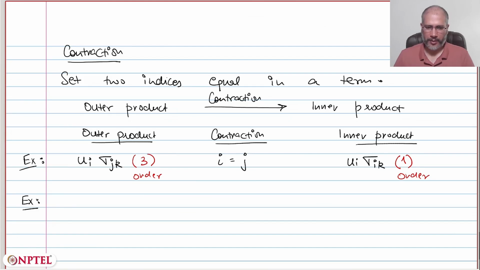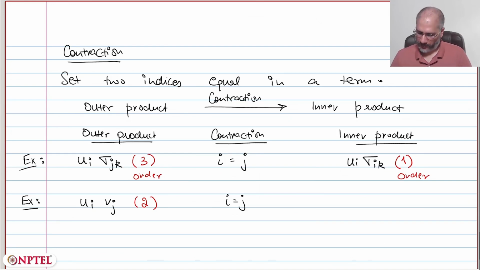The other example is simply the outer product of u and v. What is the order of this outer product? Well, we have two free indices i and j, so the order is 2. The only contraction we can perform is i equals j here, because there are only two indices, so we'll make them equal.